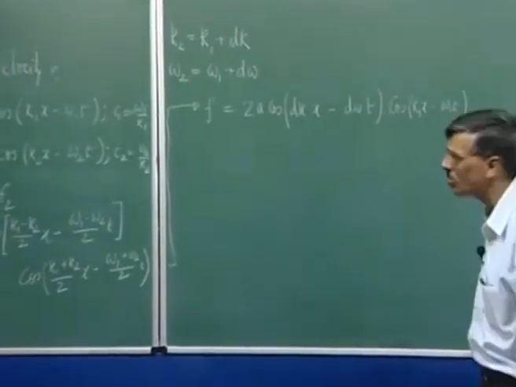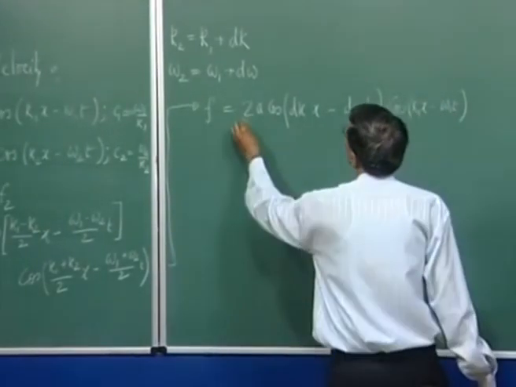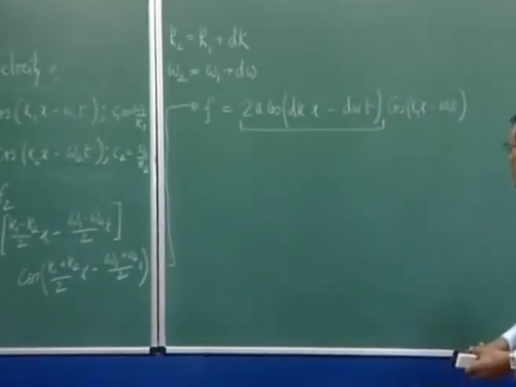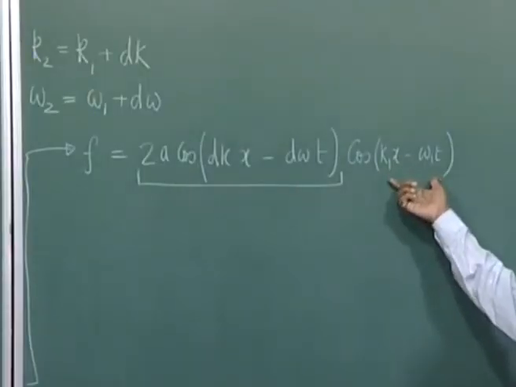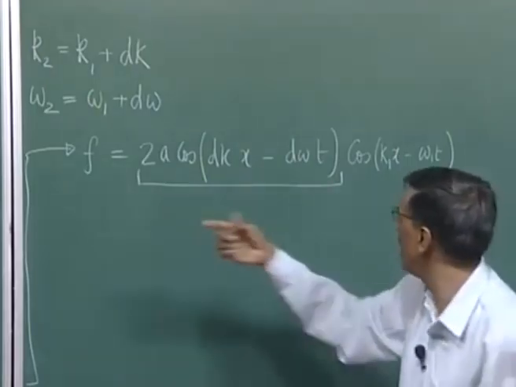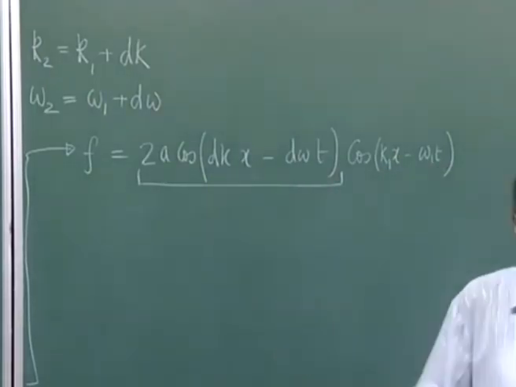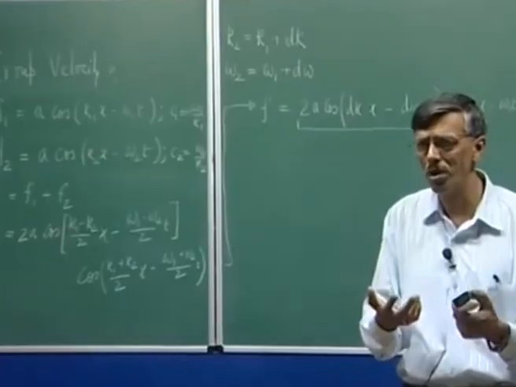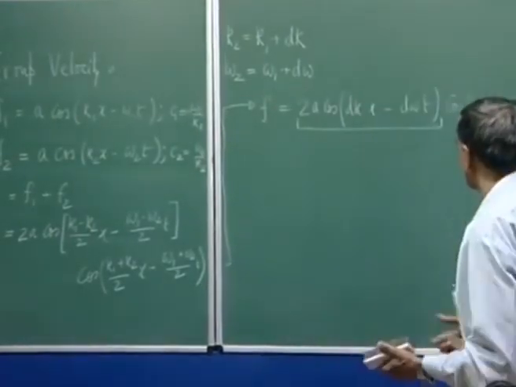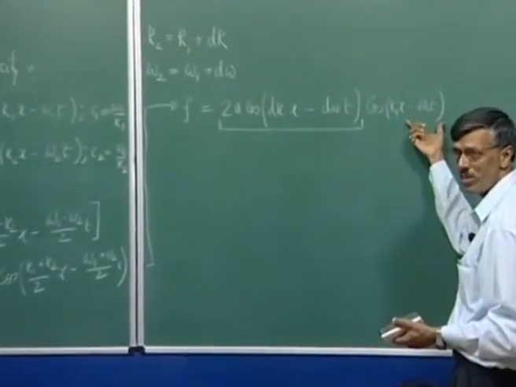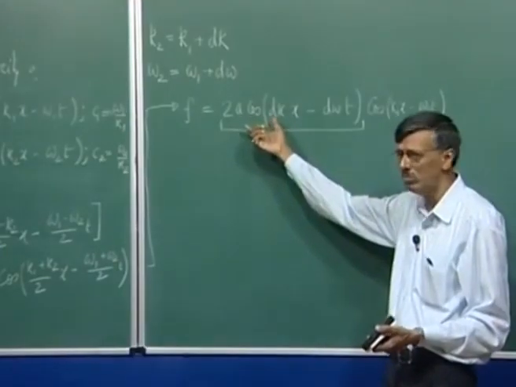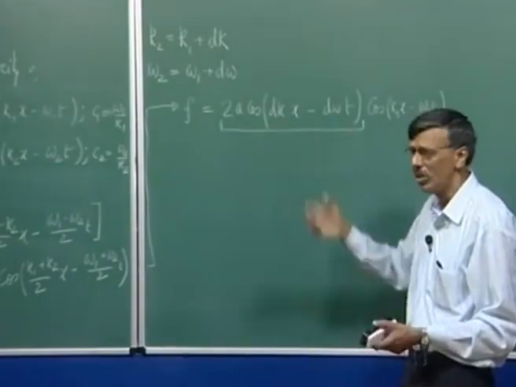Now what you are noticing is that there is a slow variation indicated by this part, and there is the usual variation that is your parent constituents. The parents f1 and f2 vary like this. So, two neighboring waves, when they are simultaneously present, have a net effect of causing the usual variation that each constituent has, plus an amplitude which now slowly varies.